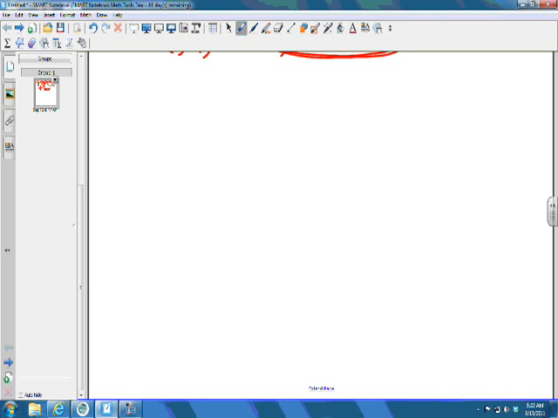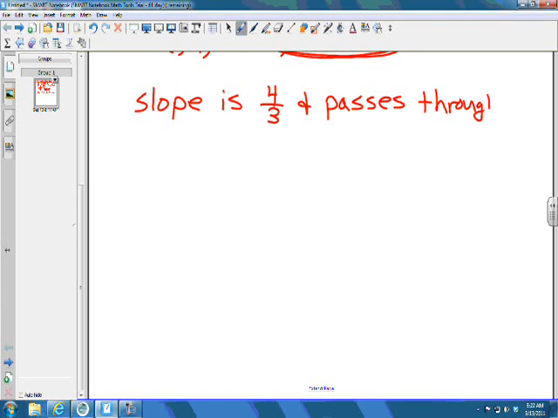So we're on page 80. We'll do a few examples. Slope is 4/3, passes through 3, 2. Of course, at the top of that, it would say write an equation for a line.